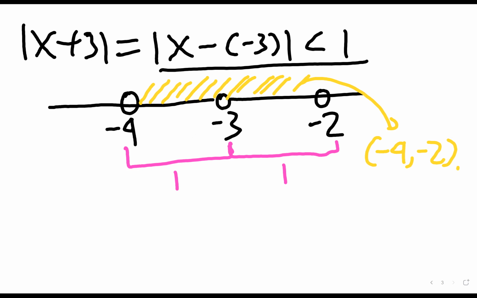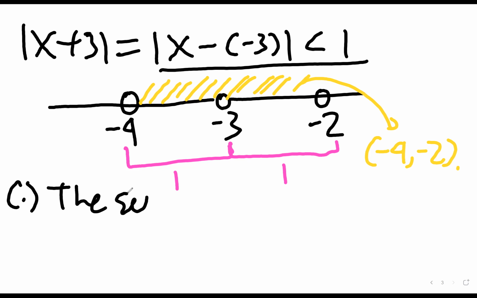Now let us continue to another question. For the next question, this is just to write a subset of real numbers in interval notation. Okay, more precisely, I will write it as follows.